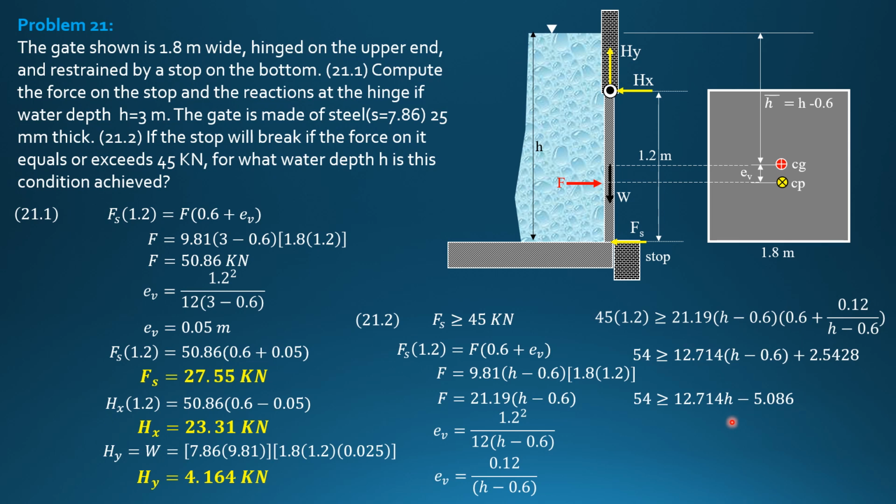So finally, H is 54 plus 5.086 divided by 12.714. So H should be less than or equal to 4.647 meters so that the stop will not break. Beyond this value, the stop will break.